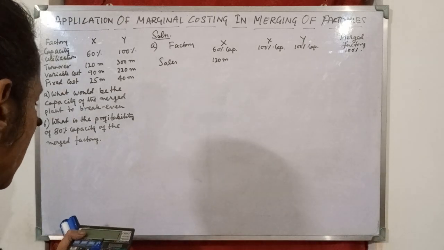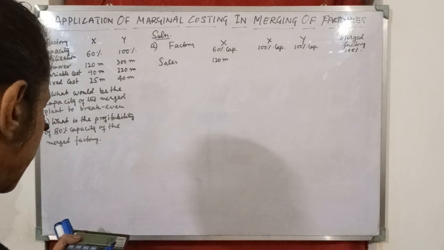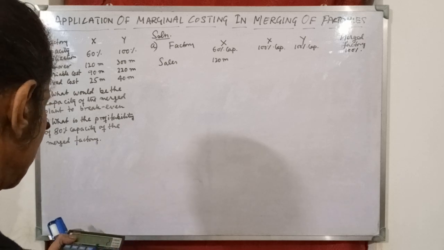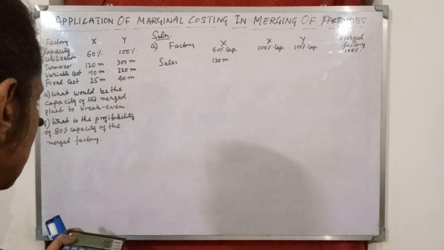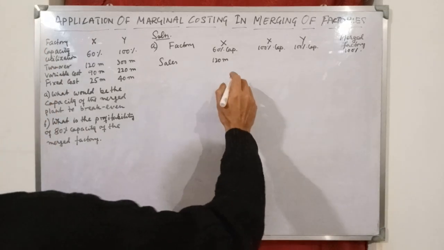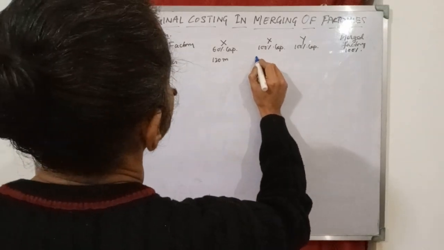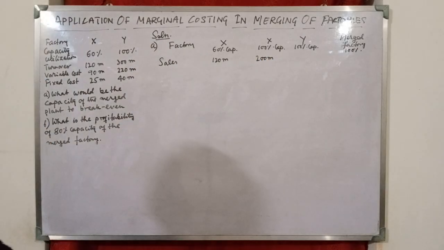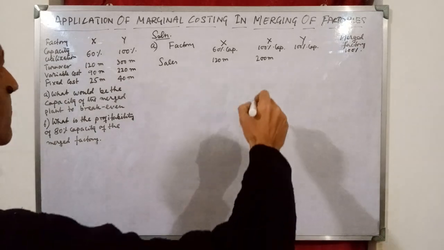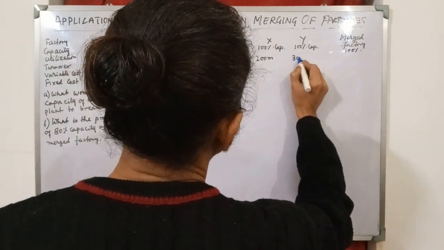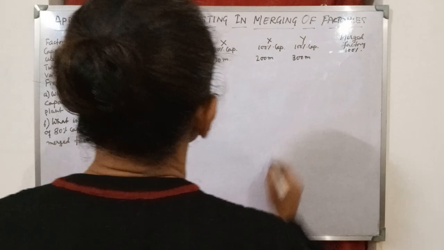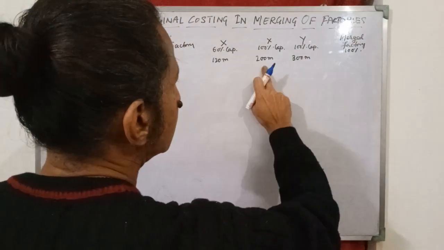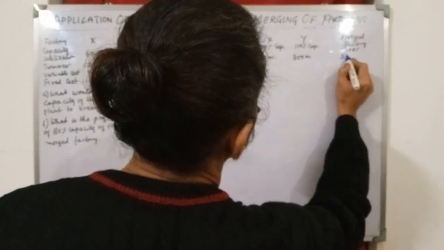That is 120 divided by 60 into 100, that is 200 million. And plant Y has a turnover of 300 million at 100% capacity. So the total sales of the merged plant at 100% capacity will be 200 plus 300, that is 500 million.